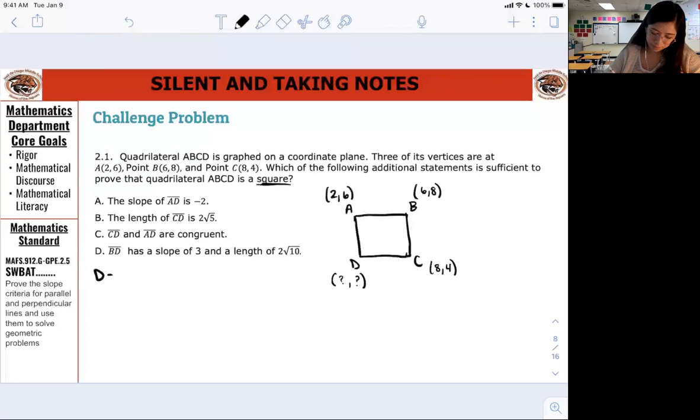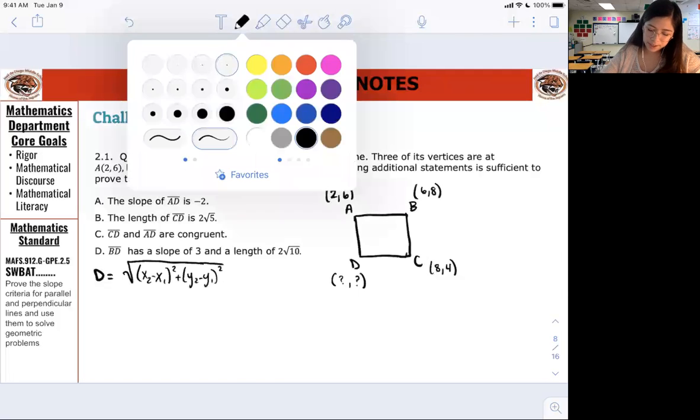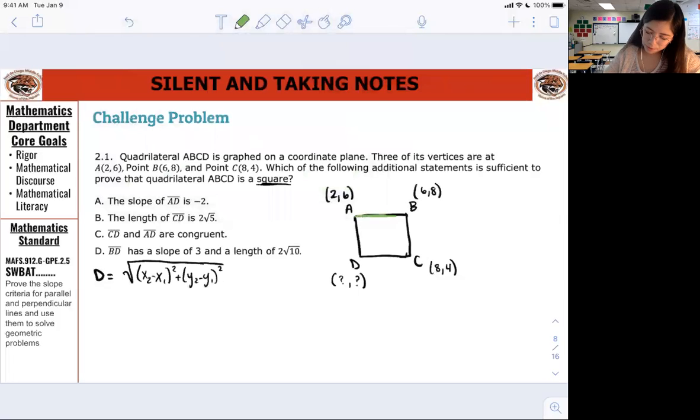It's the square root of x2 minus x1 squared plus y2 minus y1 squared. Good. Beautiful. Okay. Well, let's go ahead and use that formula to figure out the sides that I do have. So I have AB, I have BC, and that's all I've got so far, but I can at least do those.